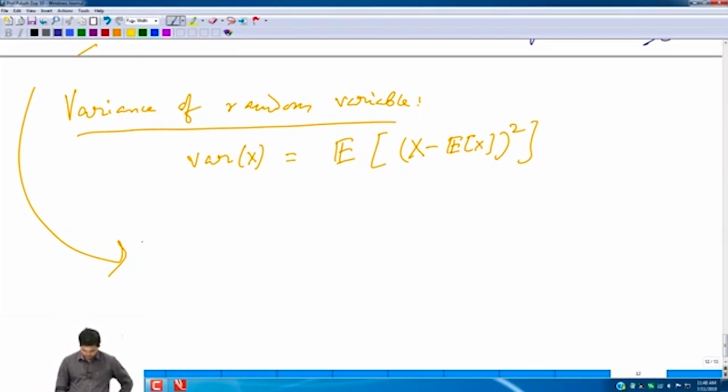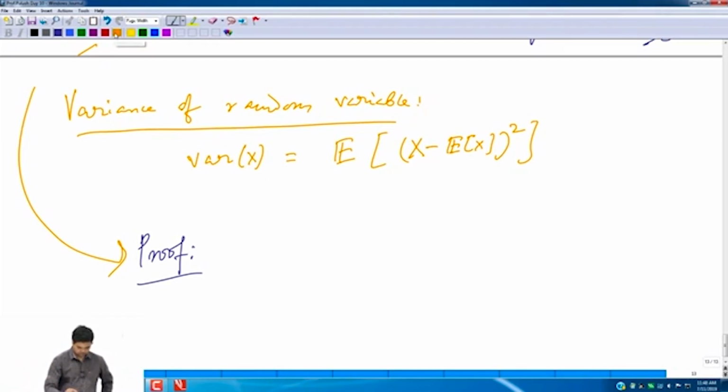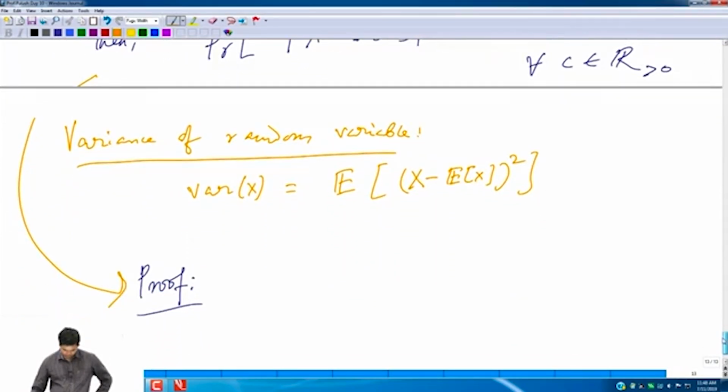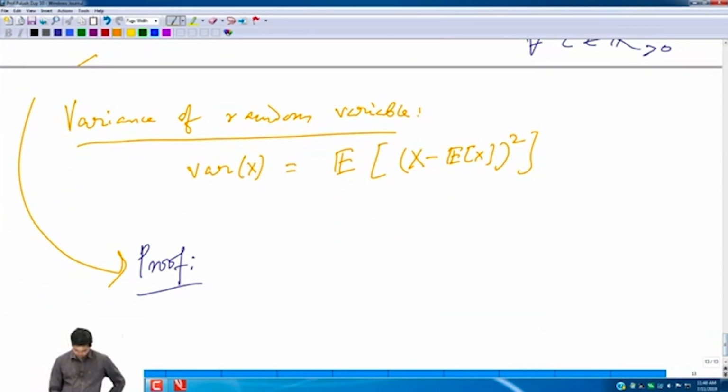Okay, so let's get into the proof. So the probability of mod of x minus the expectation of x.